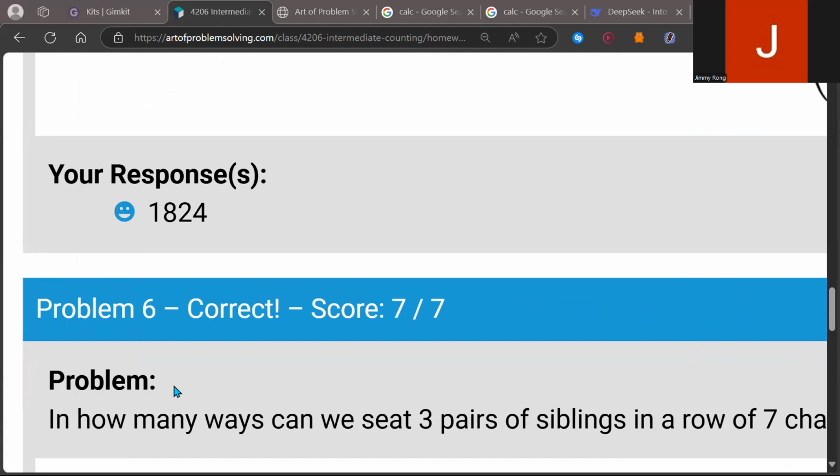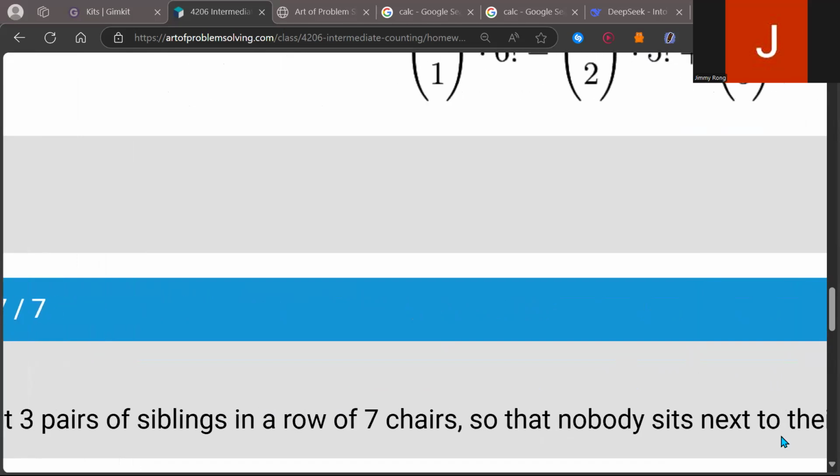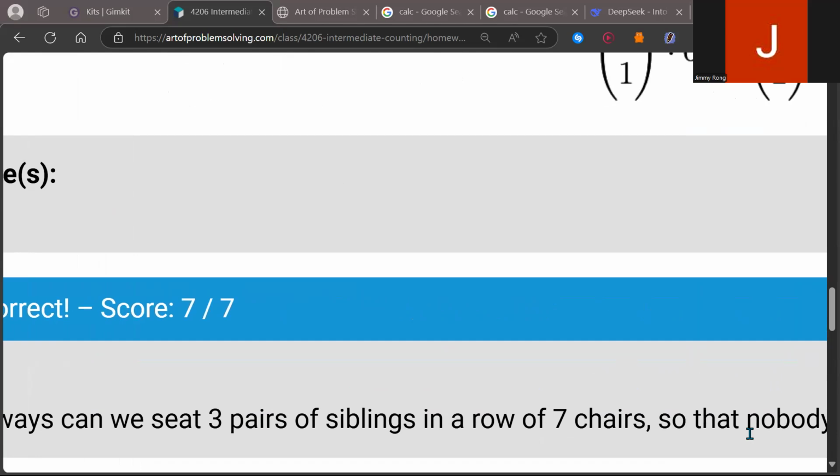Okay, so we have this condition, and since it says nobody sits, that suggests complementary counting. So let me actually switch to my scratch paper.